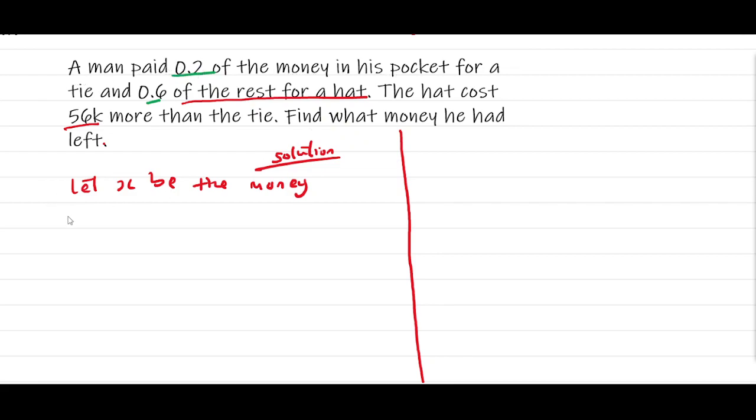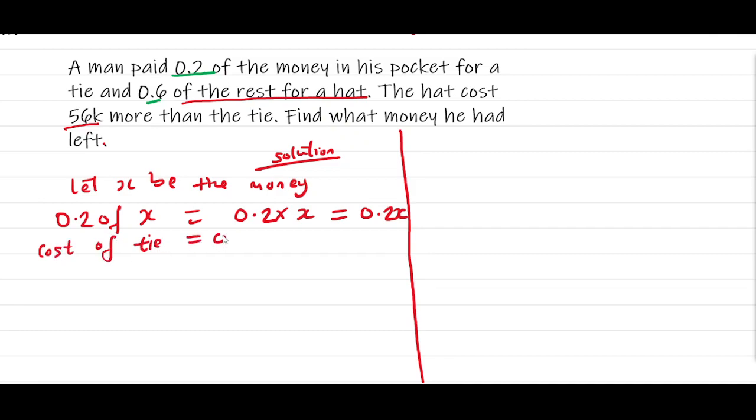So the amount he paid initially is 0.2 of x, which is 0.2 times x, which is 0.2x. So this is the amount he paid for the tie. So let's write cost of tie equals 0.2x, and 0.6 of the rest for a hat.